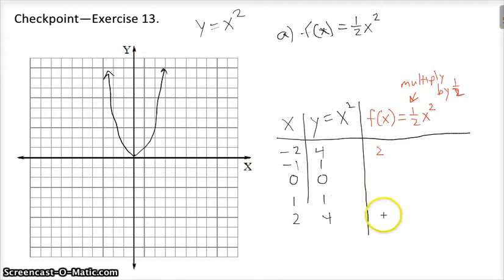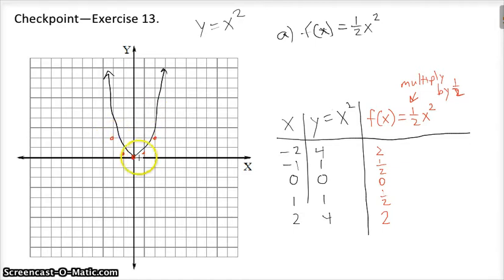Because of properties of symmetry, this also has to be 2. Now, I'm going to do the same thing with the 1. I'm going to multiply those by 1/2, and I get 1/2 for both of these. And when I get a 0 and multiply that by 1/2, I get 0. So my new graph has a point at 0, 1/2 here, and 2.